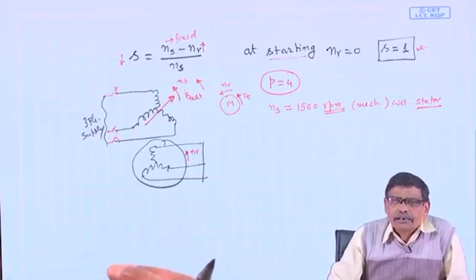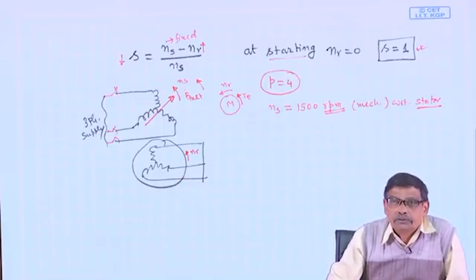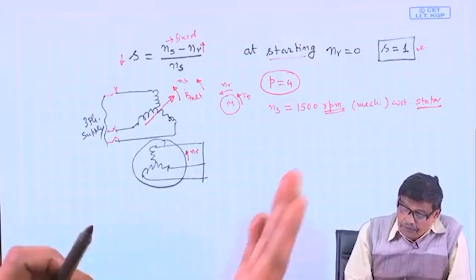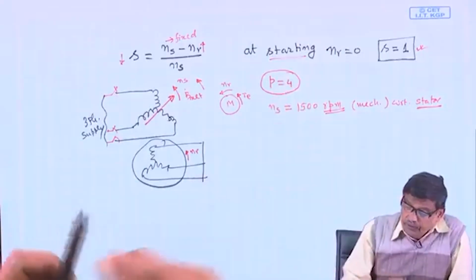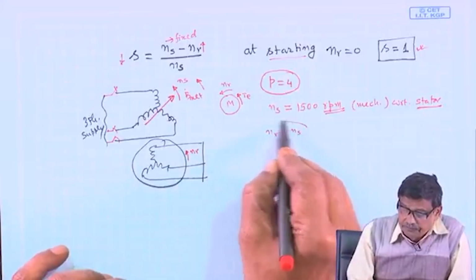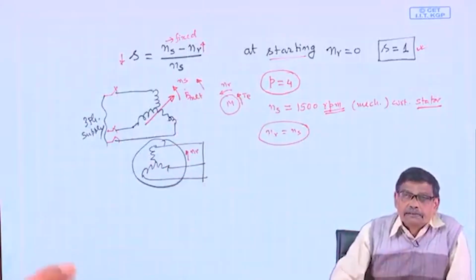Then what the rotor is going to do, at what speed it will settle down? Then there is no problem, speed will go on increasing, a time will come when Nr will become equal to Ns.